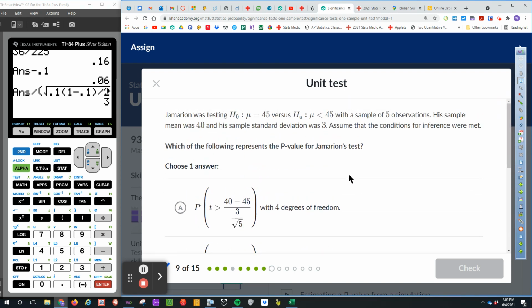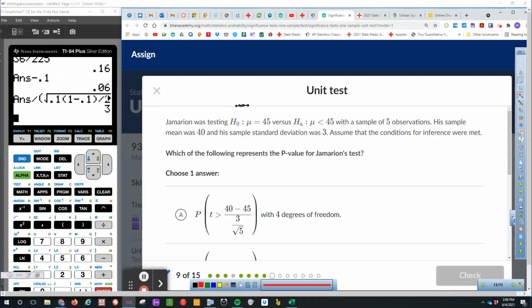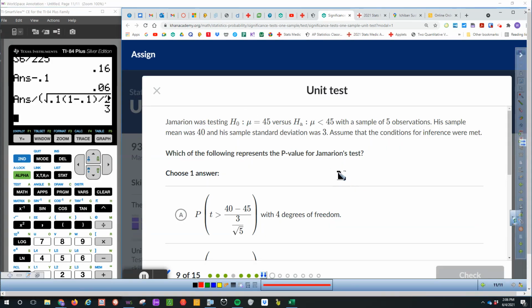So this is obviously a t-test, because we're dealing with the mean. It's less than because of this.